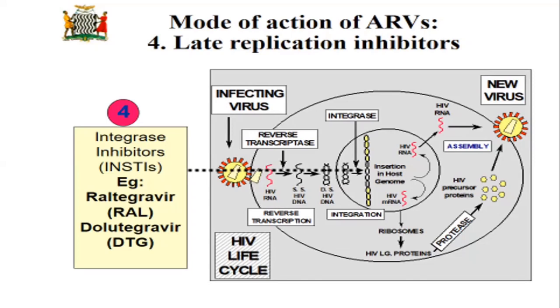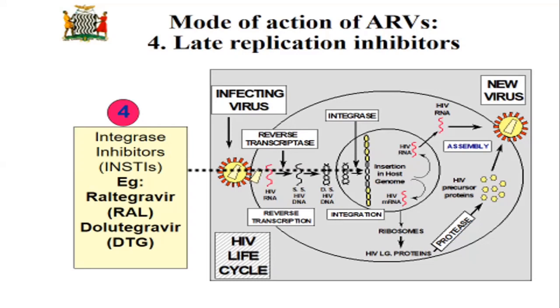As we can see from the diagram, the integrase enzyme is the one that helps the integration of the double-stranded HIV DNA genome into the human DNA so that they can make one full set of DNA, which is the genome.